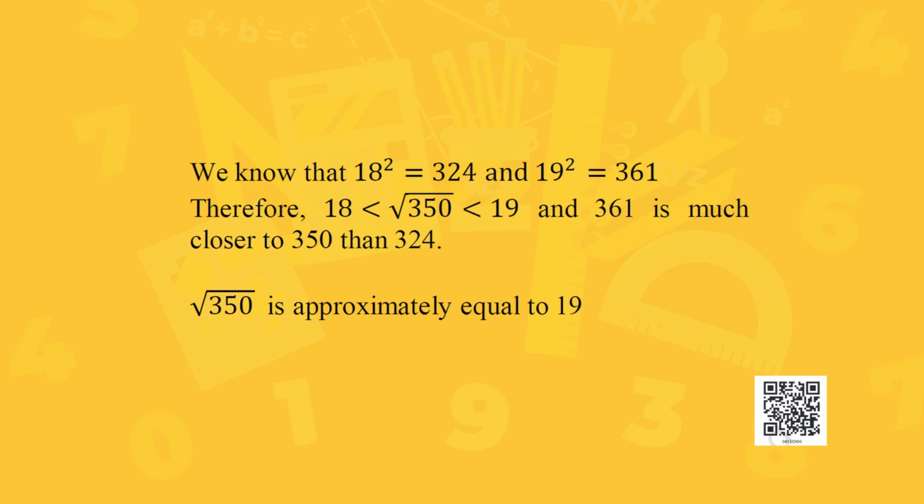But we also know that 18 square is equal to 324 and 19 square is equal to 361. Therefore, 18 is less than the square root of 350, which is less than 19, and 361 is much closer to 350 than 324. So the square root of 350 is approximately equal to 19.